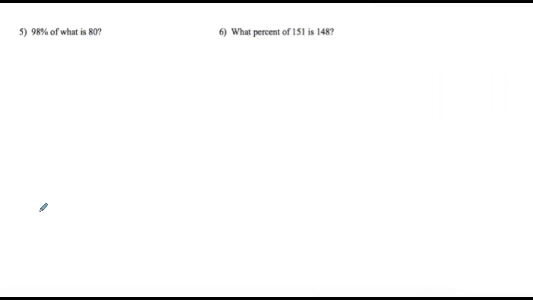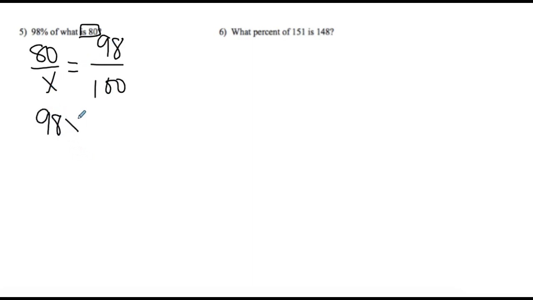Last two examples. 98% of what is 80? So I know I have my percent. The 100 never changes. I notice I have an is 80, so I'm going to fill in my 80. I fill in my one gap with an x. X times 98 is 98x. 80 times 100 should be 8,000.